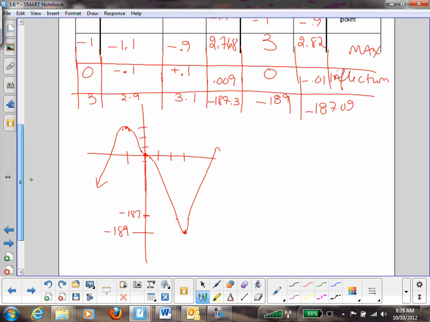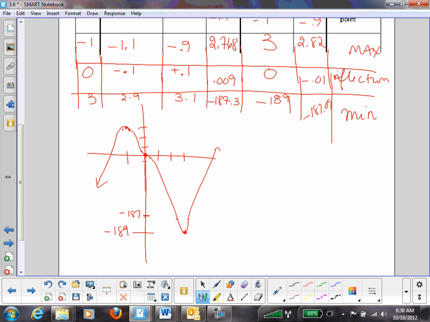All right, so this last one is what kind of a point? I'm sorry, I can't hear you. It's a minimum. So let's be specific now that we have what this graph looks like. Maximum, absolute maximum, relative maximum. Why would you say this is absolute?